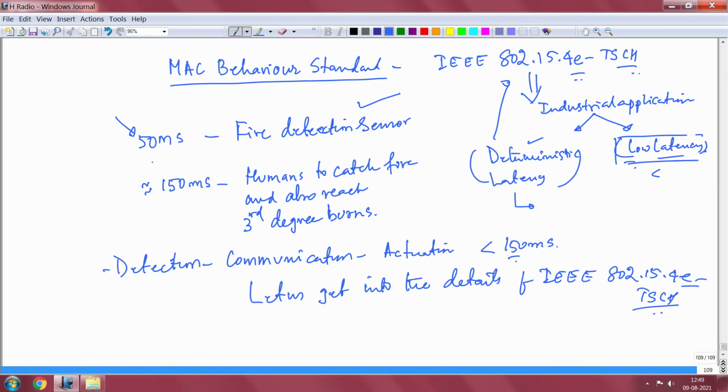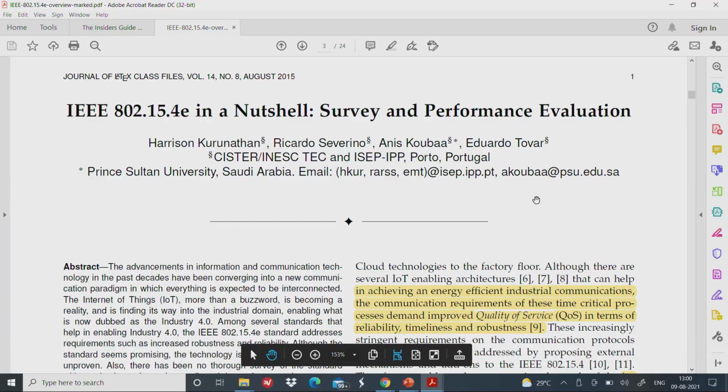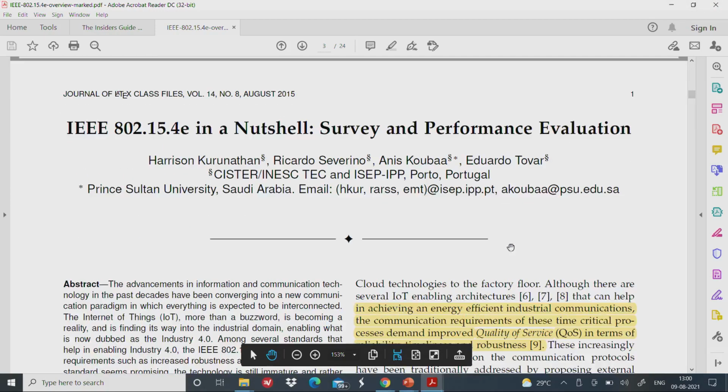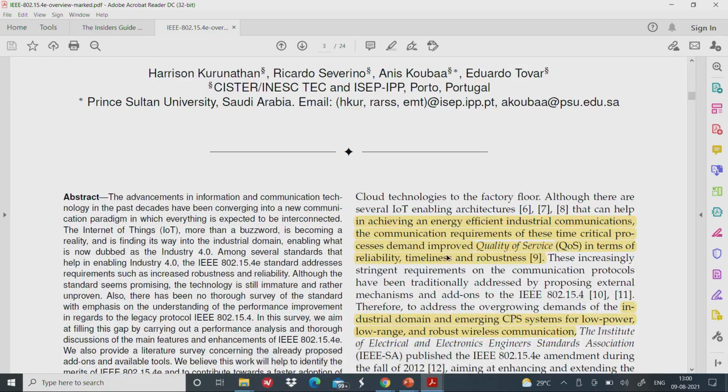For that let me direct you to this nice paper which I was reading, and this paper is about IEEE 802.15.4 in a nutshell, survey and performance evaluation. I am sure by reading this paper you will be excited to understand what I was trying to get at when you want to choose a wireless technology for your application.